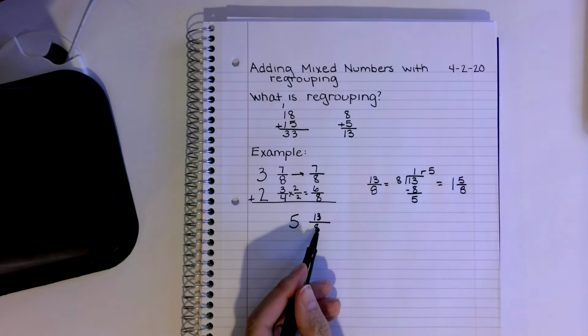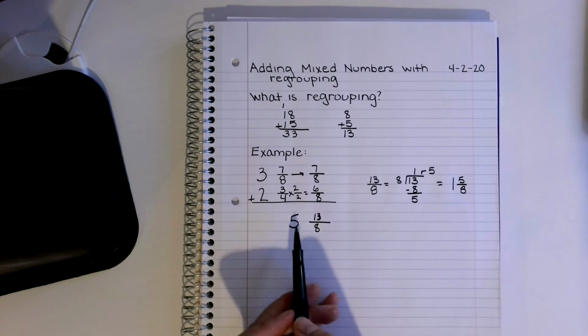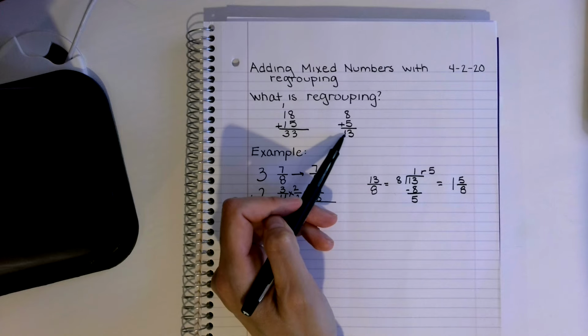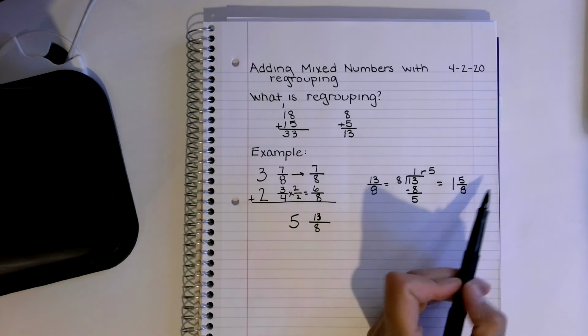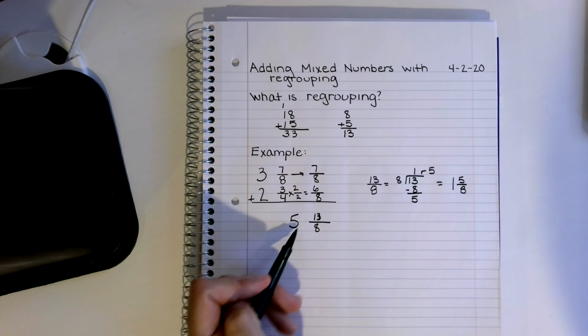Well, this is 1 and 5/8, but you also have this 5 here that you need to add to it. It's kind of like when you made another 10 with your ones, you carried it over to your tens. Here you made a group of one whole, and you need to add it to your one wholes.